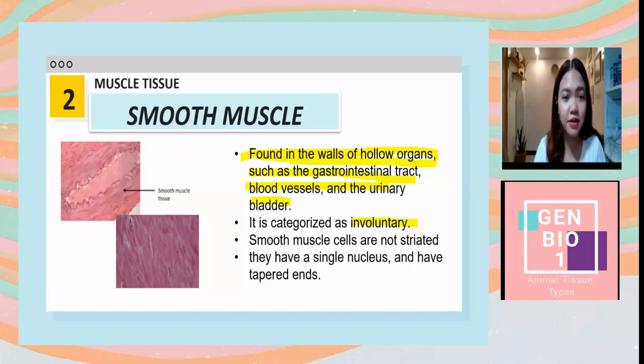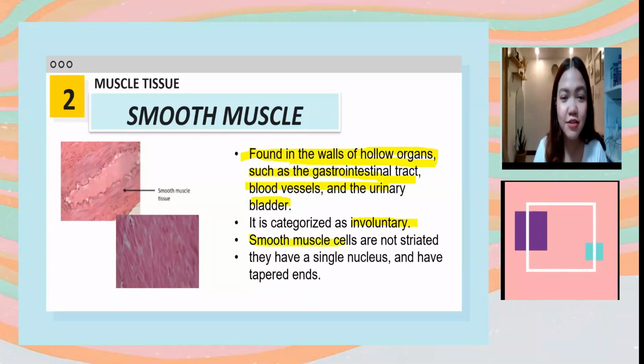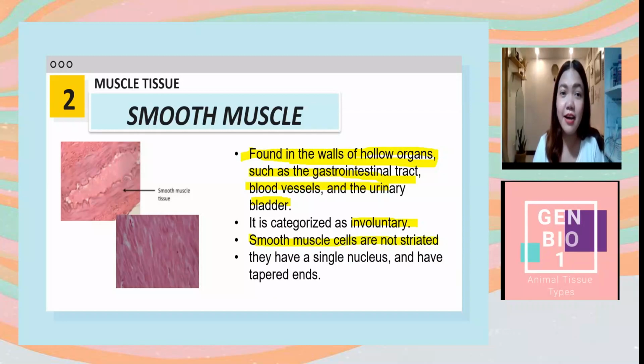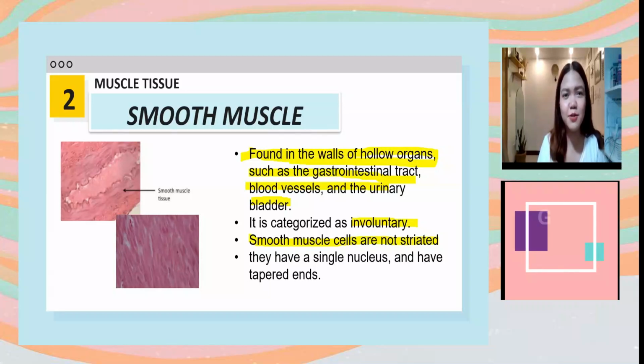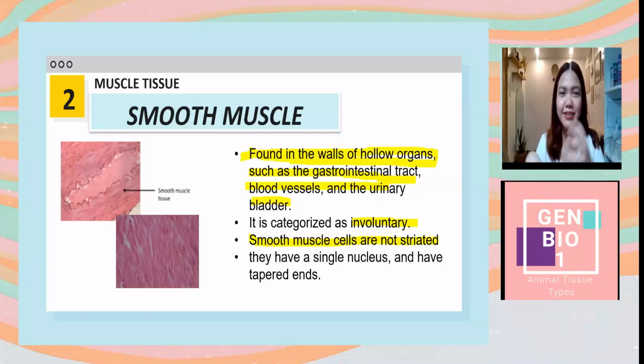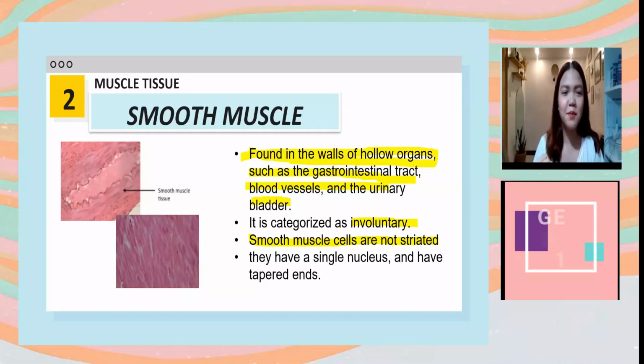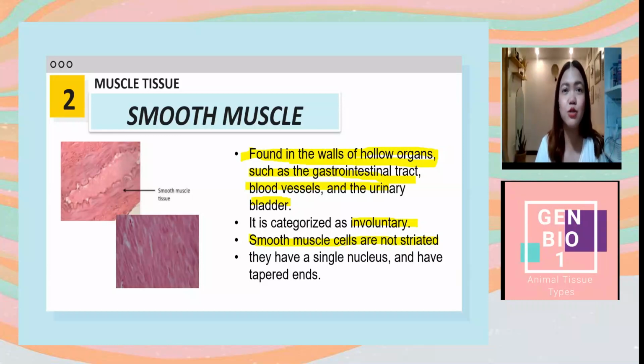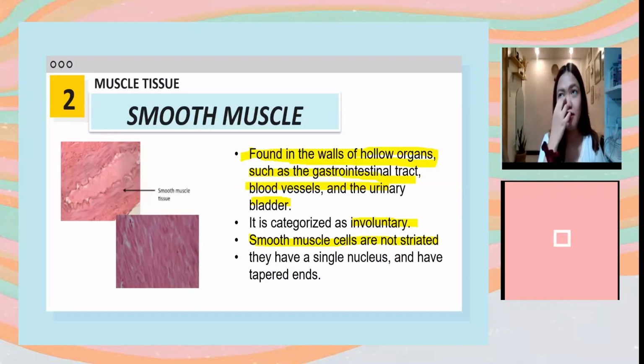Okay? Very good. So, the smooth muscle cells are not striated. So, why are they not striated? It is because that is not that tedious compared to the muscle cells that we have. The skeletal muscle cells, they do a lot of work, but your smooth muscle cells, they just do that whenever they need to do it.